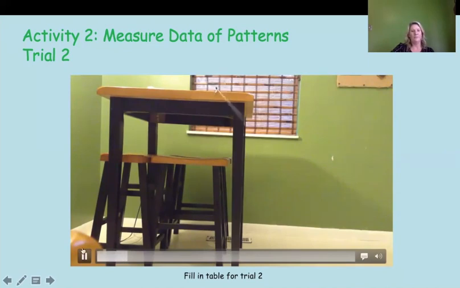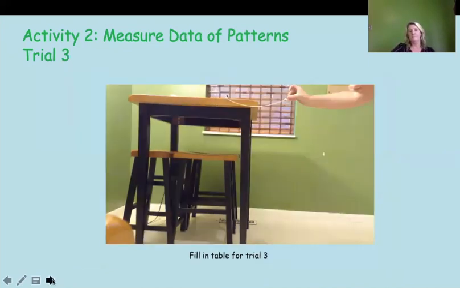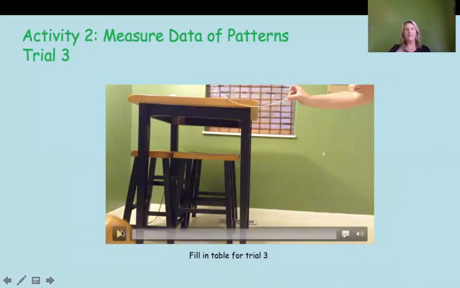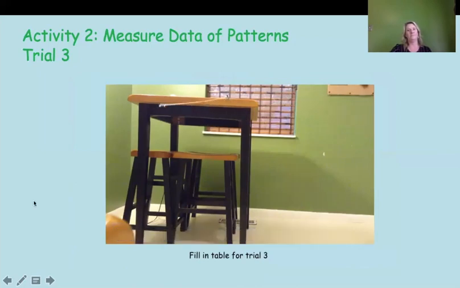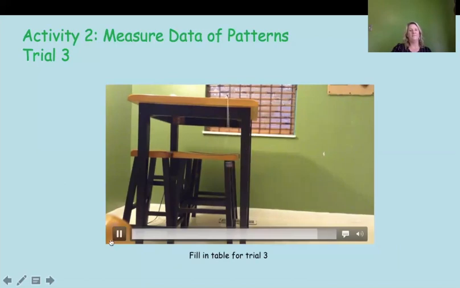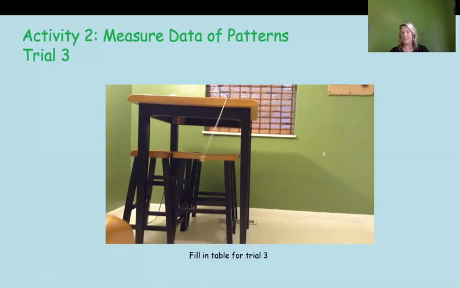Okay, now we're on trial 3. So again, I'm going to count quietly and you're going to count. Okay, so what did you get? I got 15. So I'm going to put it down on my table.